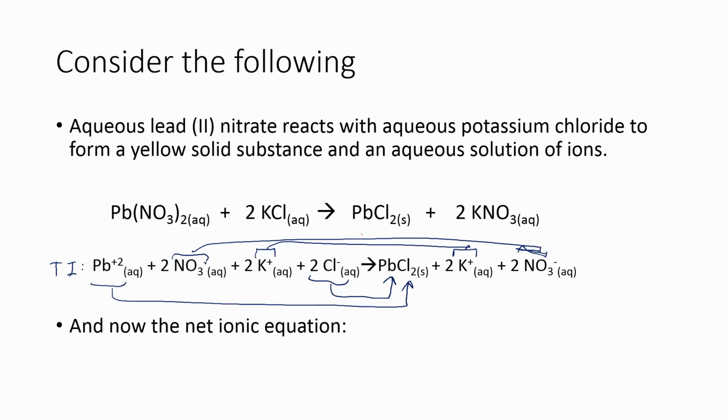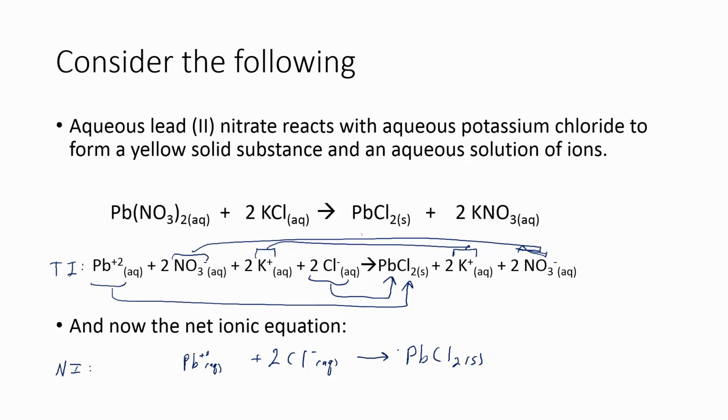So what we're looking at here is really just lead ions and 2 chloride ions becoming lead chloride. That's the net ionic equation, because that's the only thing that's really changing here.